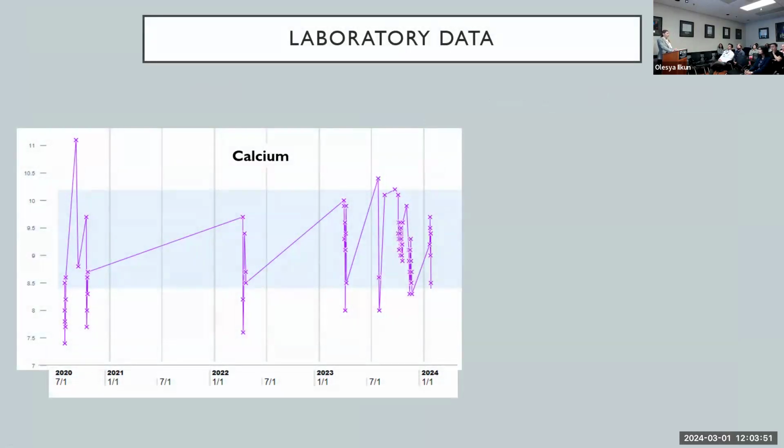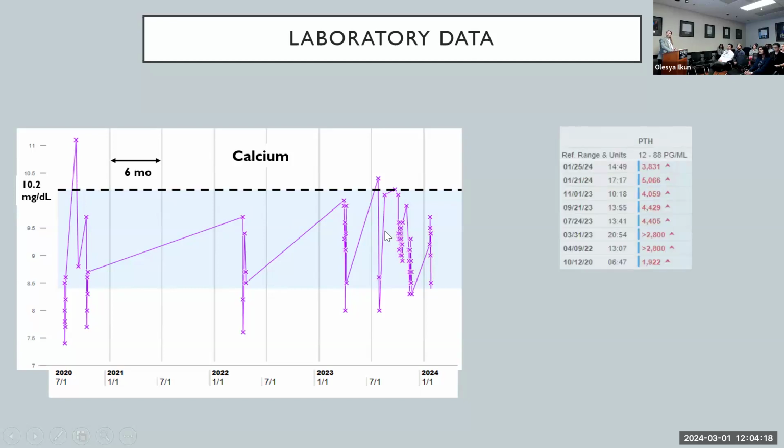We have about 3.5 years of data for this patient, and every gray bar shows approximately 6 months. The calcium wasn't really that elevated for long periods of time, at least while she was here. We have several episodes of hypercalcemia as defined by the 10.2 cutoff, but all throughout it wasn't as pronounced.